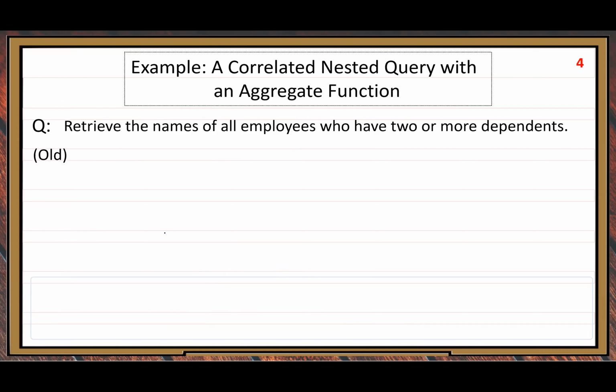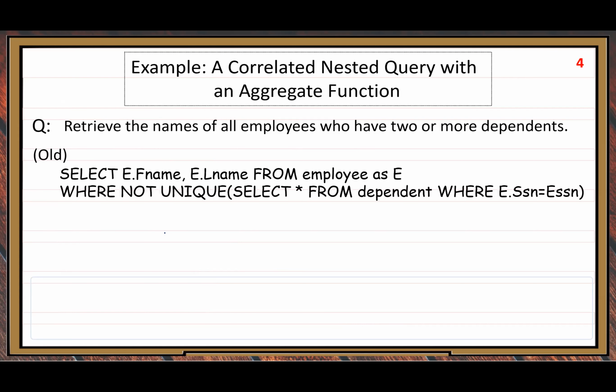In the older way, we do not use an aggregate function. So we can use other, different functions, different operators. So let's look at this way, the not unique operator.